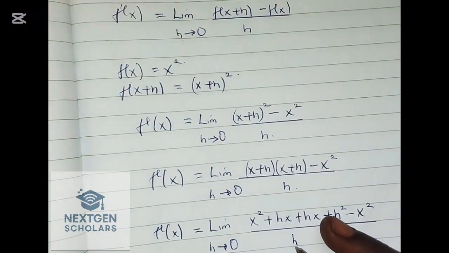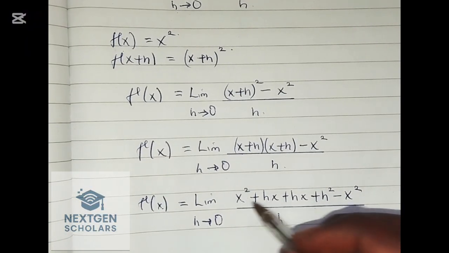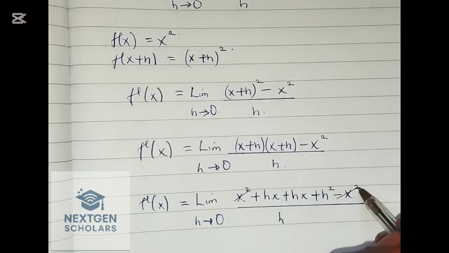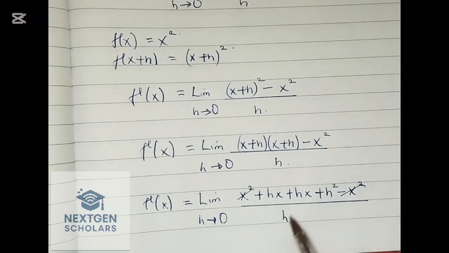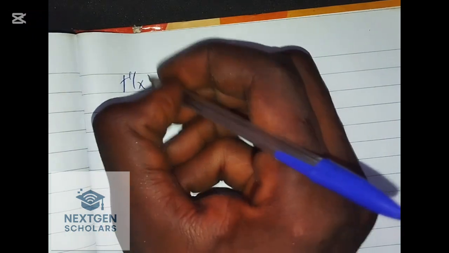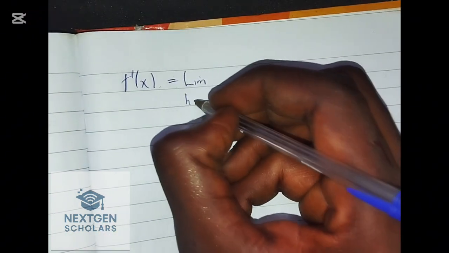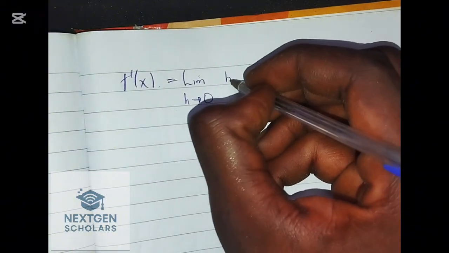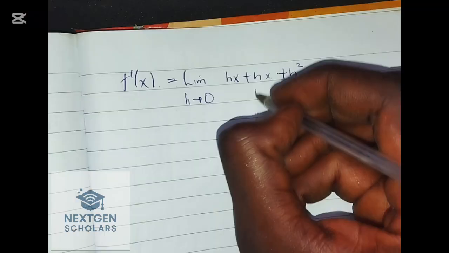At this point, it is clear that we can cancel out our x squared and x squared, leaving what we have left. So we have hx plus hx plus h squared. So f prime of x is equal to the limit as h tends to 0 of (hx + hx + h squared) all over h.